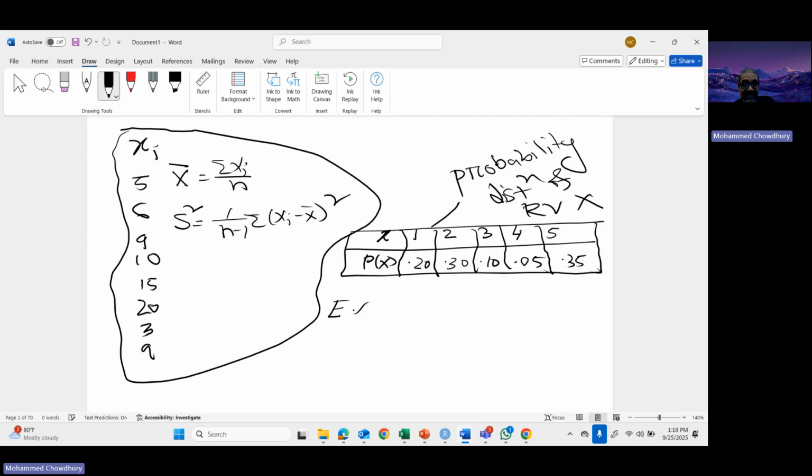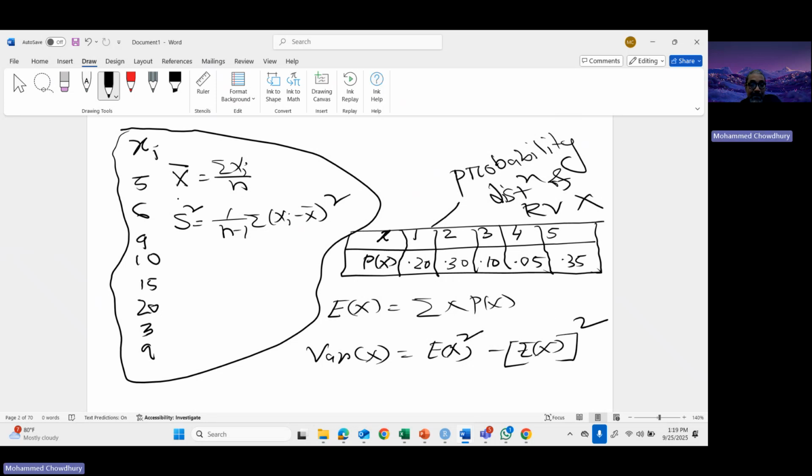So that means mean, expected value, you will find by using this formula. And variance of x you will find by using this formula: expected value of x square minus expected value of x whole square.